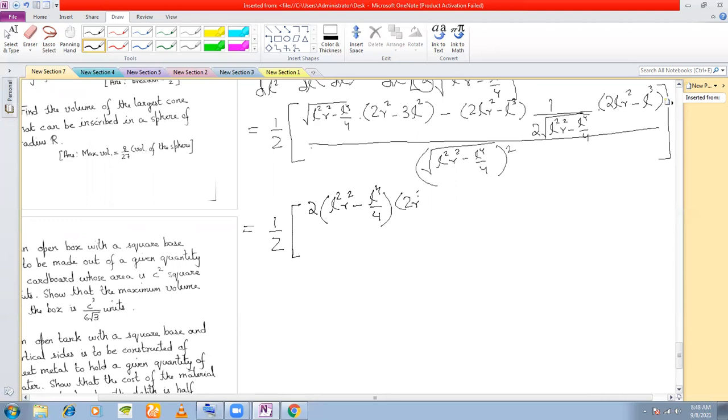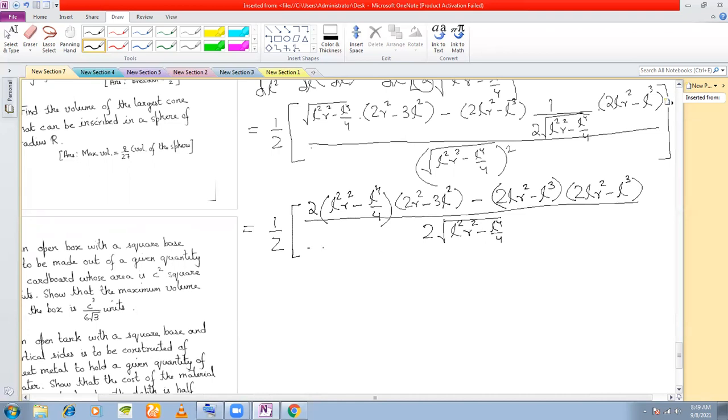And you have this 2R square minus 3L square as it is, minus, now you have 2L R square minus L cube into 2L R square minus L cube, divided by 2 root L square R square minus L to the power of 4 by 4, whole divided by L square R square minus L to the power of 4 by 4.